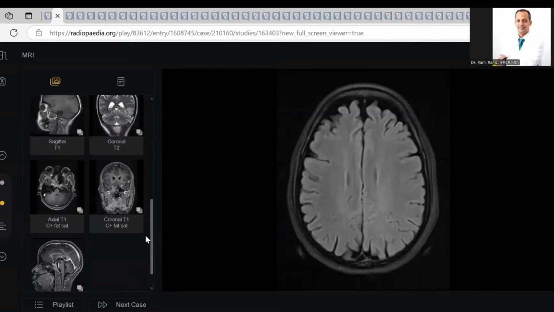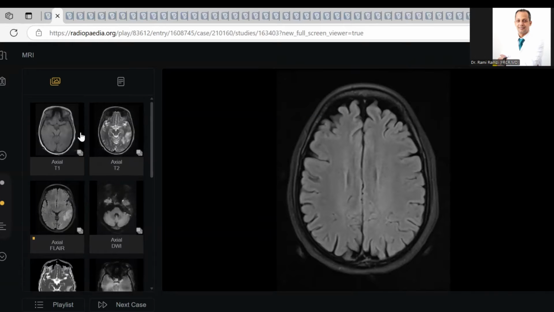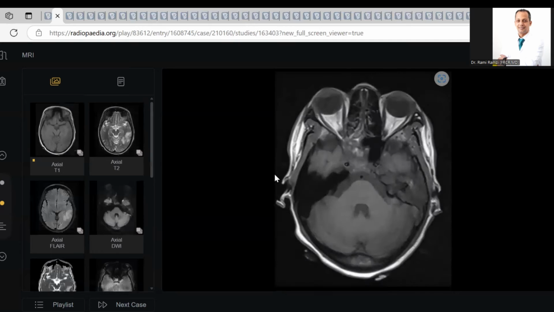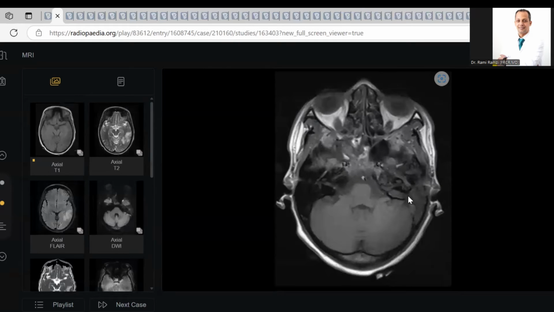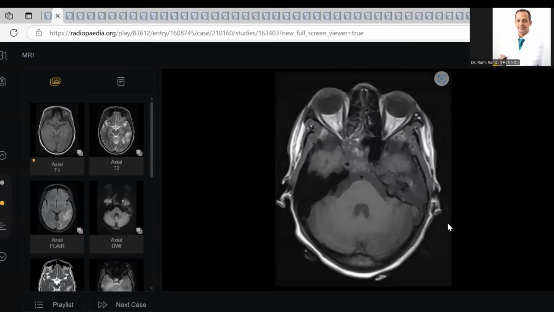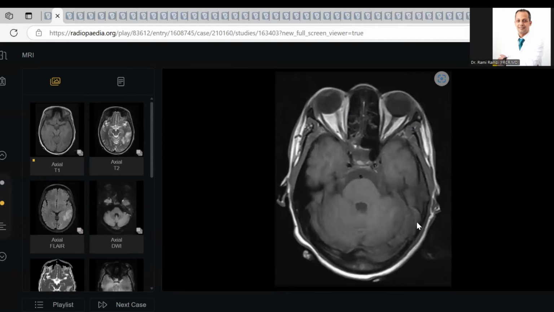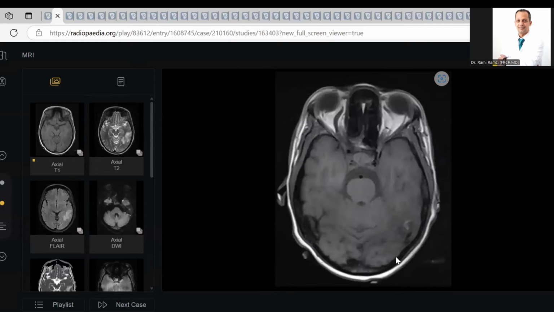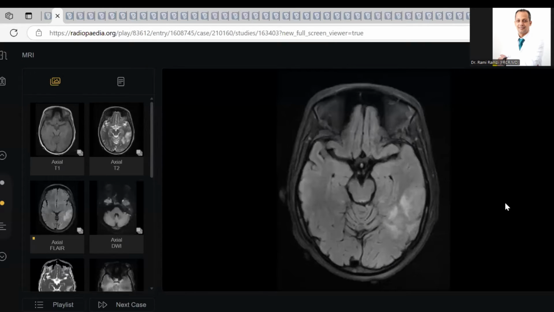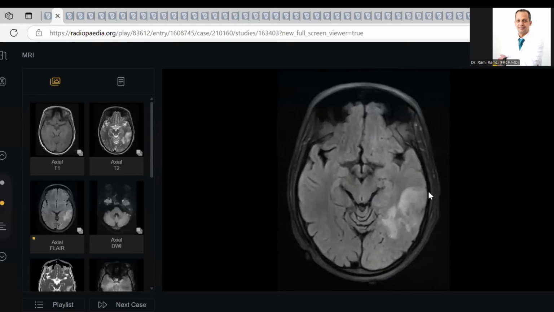See here in T1, let's see the left sigmoid and the left transverse, see? Hyperdense, okay?